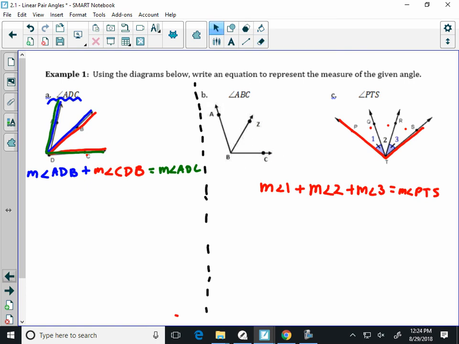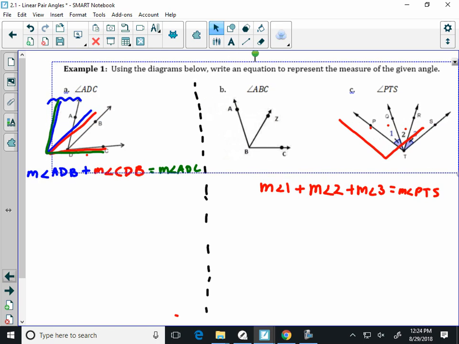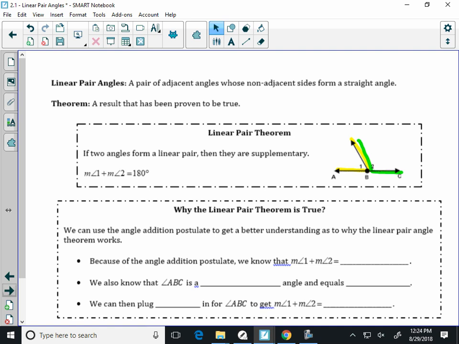Here's the side that they share. If we just drop that down, this part just dropped down, we get a straight line. So it's no different. They're adjacent. Just what's special about linear pair angles is they're always creating a straight angle. Okay, every time. Right? And we talk about straight angles are also what?